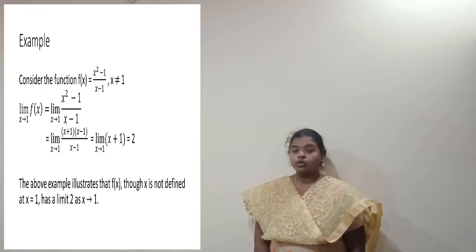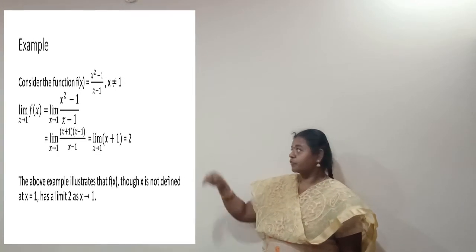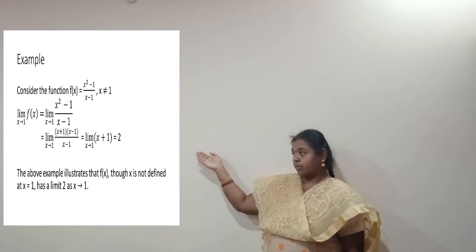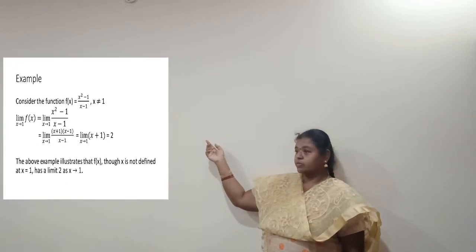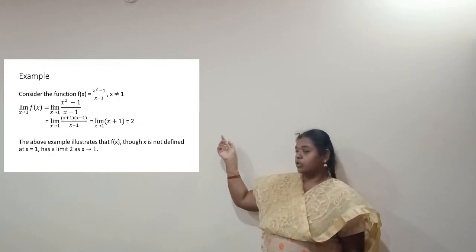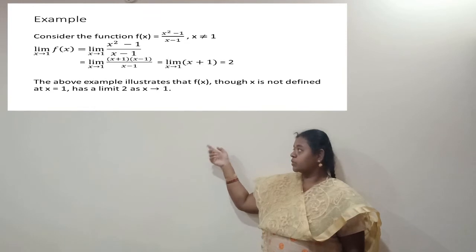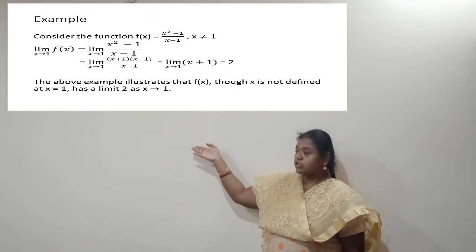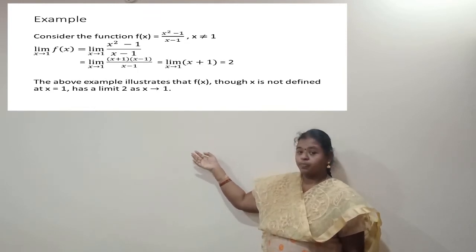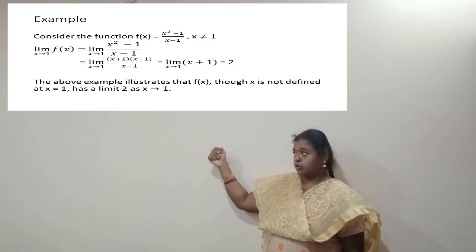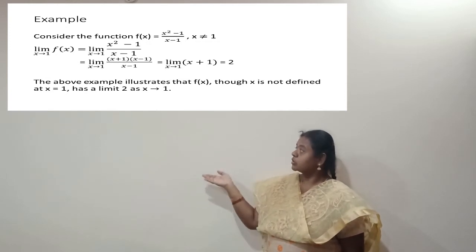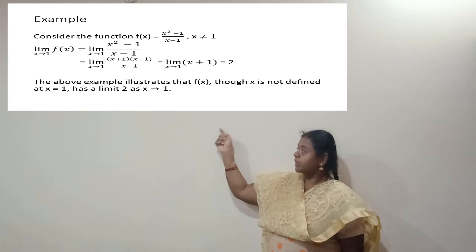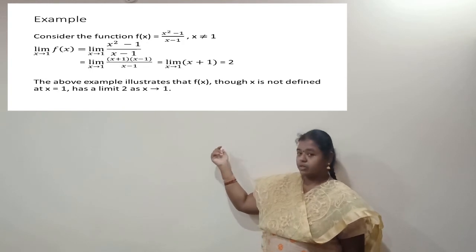Now let's consider an example. Let me consider a function f(x) = (x square minus 1) divided by (x minus 1), where x is not equal to 1. When I put x equal to 1, the numerator and the denominator both become 0. So let's see how to solve this problem. The numerator is of the form a square minus b square, which is nothing but (a minus b)(a plus b).